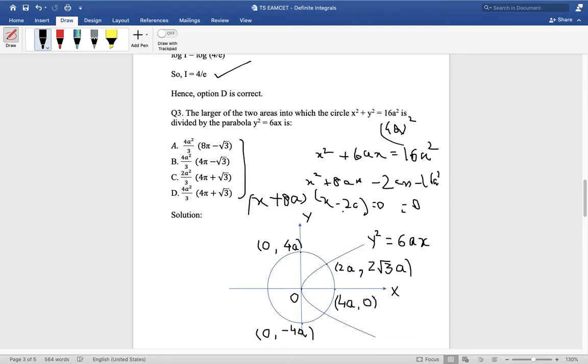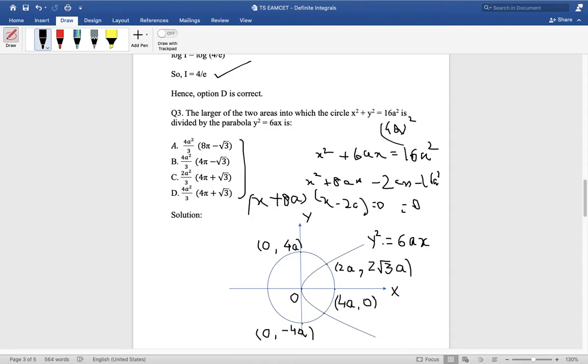So either the curves intersect at x equal to 2a, which is this point, or x equal to minus 8a. X cannot be minus 8a because in that case y square will become negative and you cannot take square root of negative. It will become an imaginary number and we are not dealing with complex numbers in this problem. So these are the 2 points of intersection.